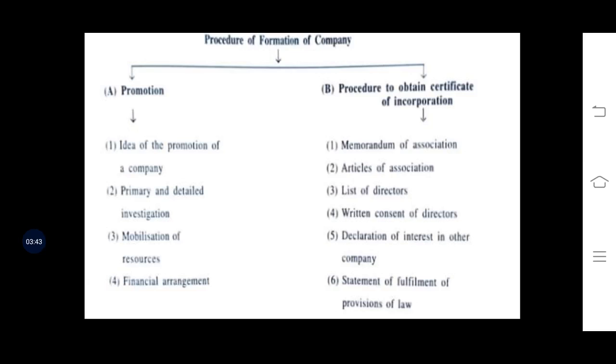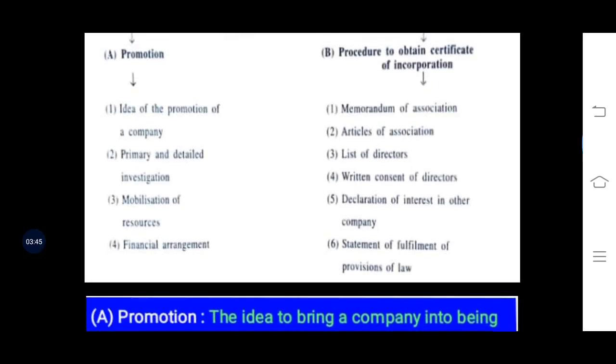Now we will see in detail what is Memorandum of Association and what is Articles of Association. These are the main, or you can say the most important, charter documents of a company.